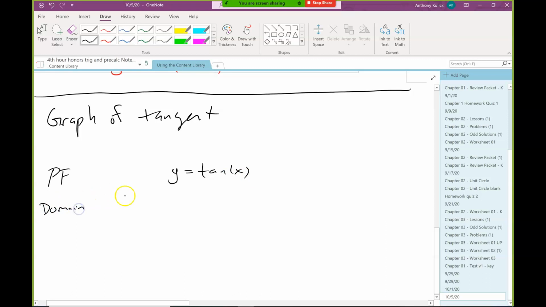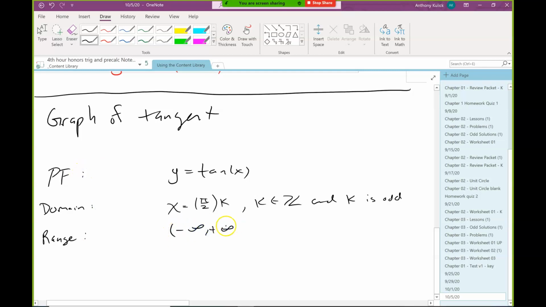The domain is x equals pi over 2 times k, where k is a member of the integers. Oops. And k is odd. We'll talk about why that is here in a second. The range is all real numbers.